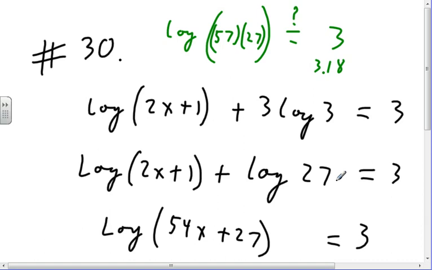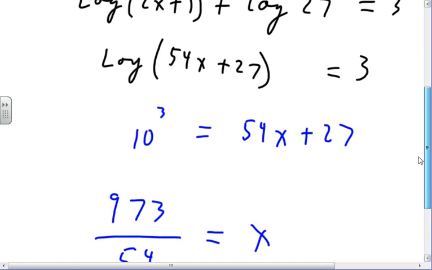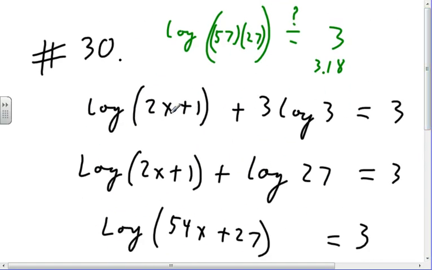What's the problem? 18, what's 18 times 2? 36, so it should be 37. 37 times 27 equals, log, answer, 2.9995.